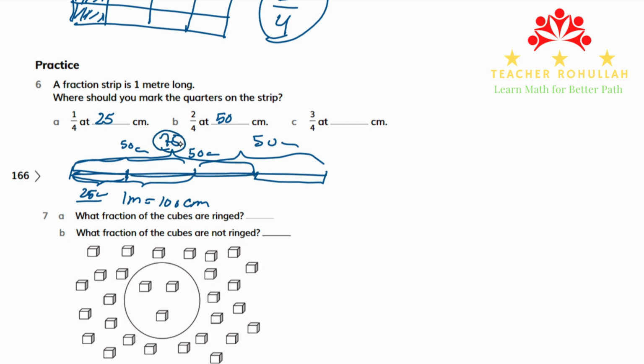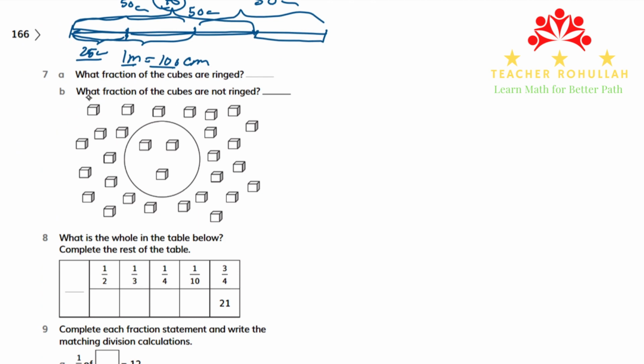So 3/4 will be equal to 75 centimeters, because one whole strip is 1 meter, which is equivalent to 100 centimeters. We then cut it into halves, which is 50 on each side, and then we cut it into 4 equal parts, where each part is called a quarter. Well, question 6 is also solved. Let me scroll down to move to question 7.